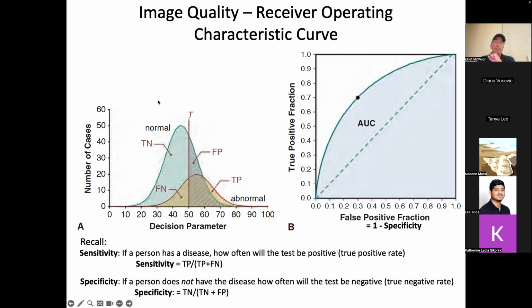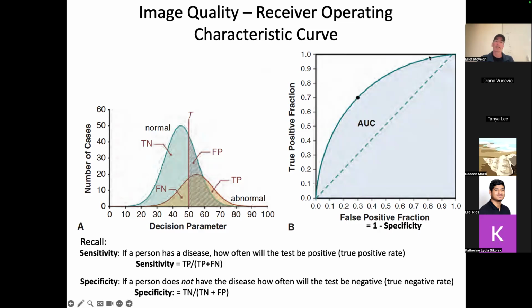I push that threshold this way, and what happens is my false positive fraction decreases, but also my true positive fraction also decreases. Ideally, if these two distributions were entirely separated, right, there was no overlap between them, this curve would go all the way to this corner and then drop down. This is called a receiver operating characteristic curve.